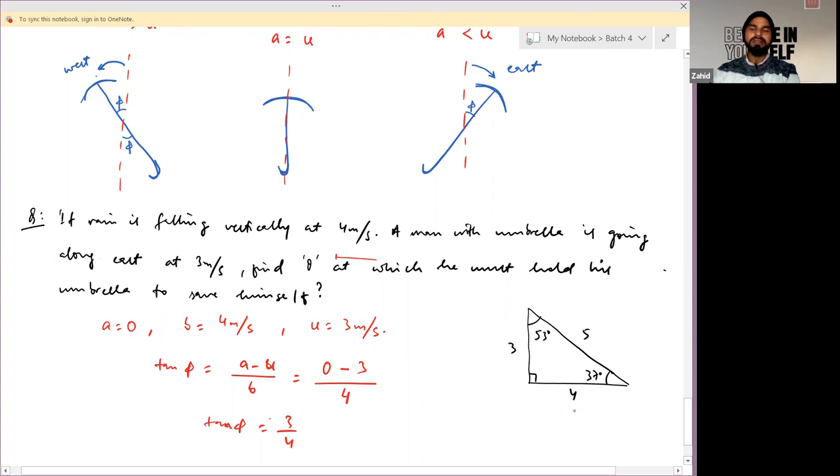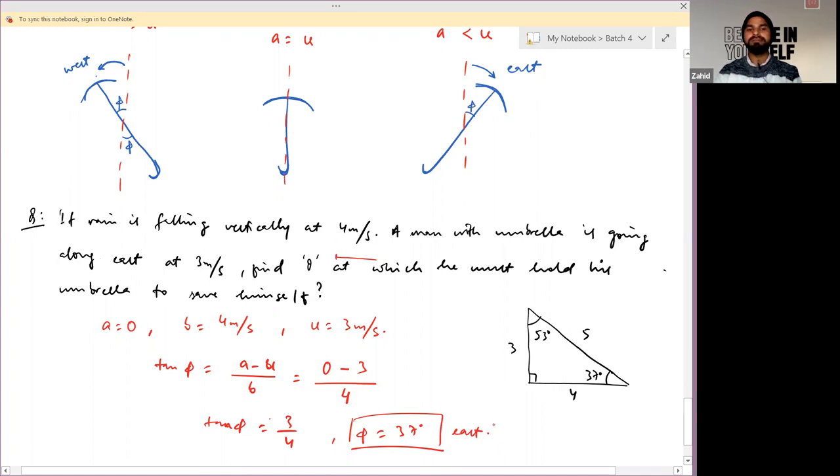It means theta will be 37 degree. And this negative sign will define its inclination. If you get positive value, it means it will be along west. And since in this part it is negative, it means it is along east. So this phi or theta must be towards east.